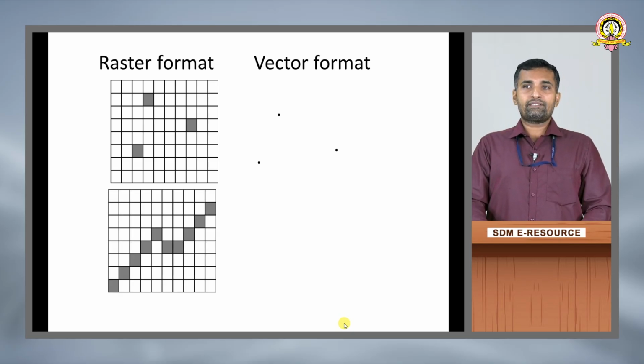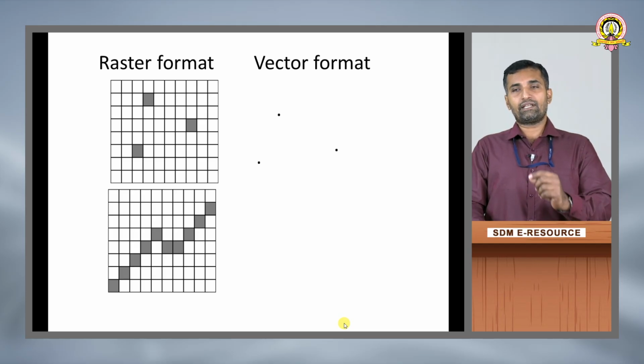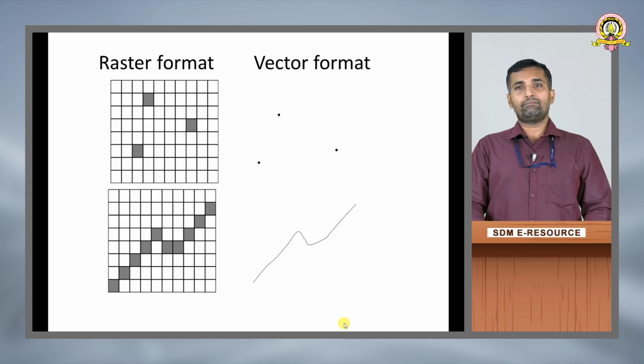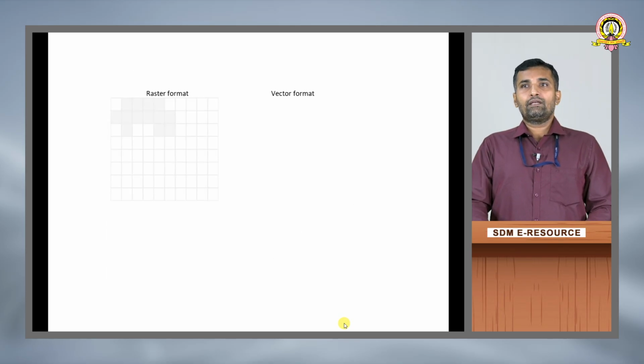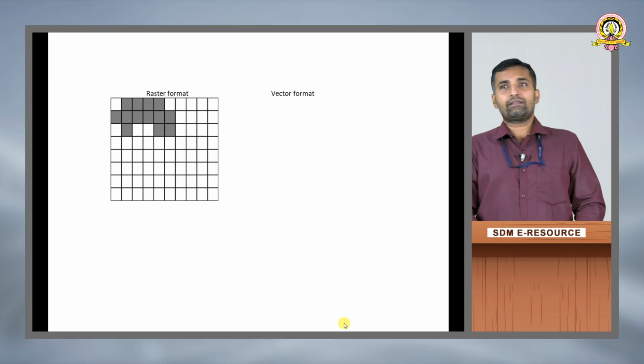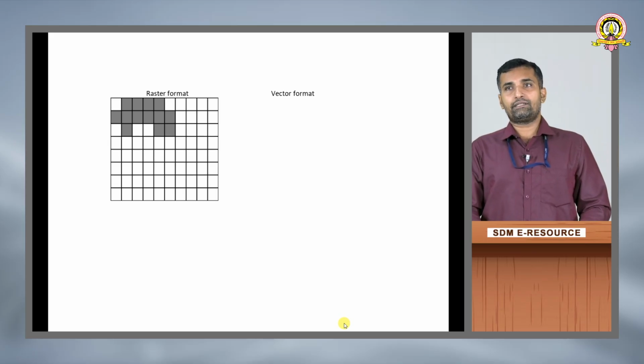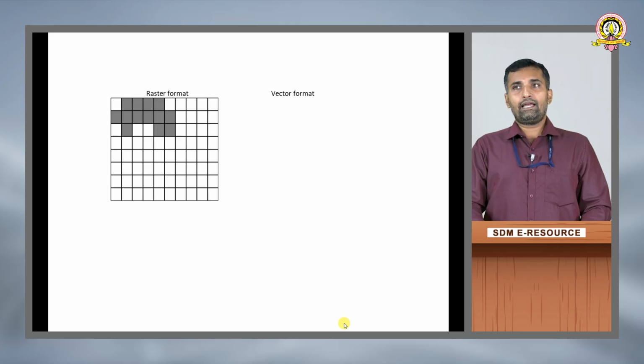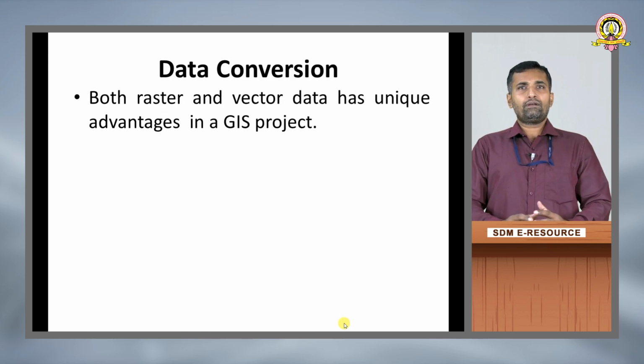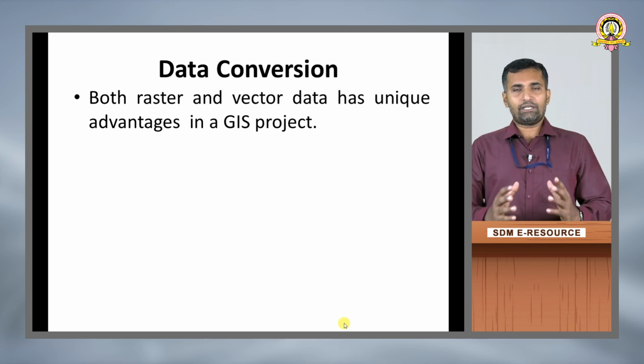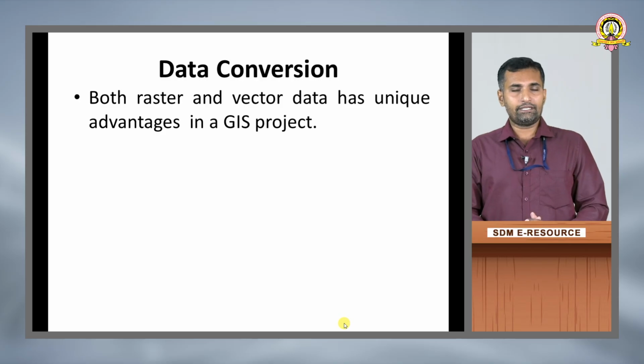In the raster format, you can see continuous pixels. It represents a stream flowing in an area, as in a satellite imagery. But if you represent this in vector, it will be a simple line. Next, a water body can be covered by a few dark colored pixels in raster, and the same thing can be expressed as a polygon in vector.